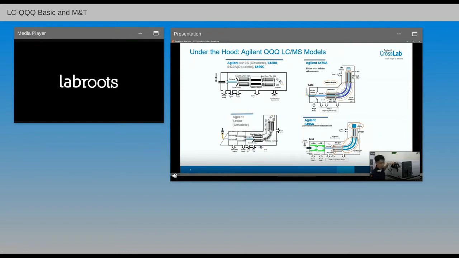And of course, because of the AJS, the jet stream technology, we'll be having a superheated shaft of aerosol being sprayed out over in the nozzle over here. And of course, we'll be having the ions being sampled through the ion capillary, right?